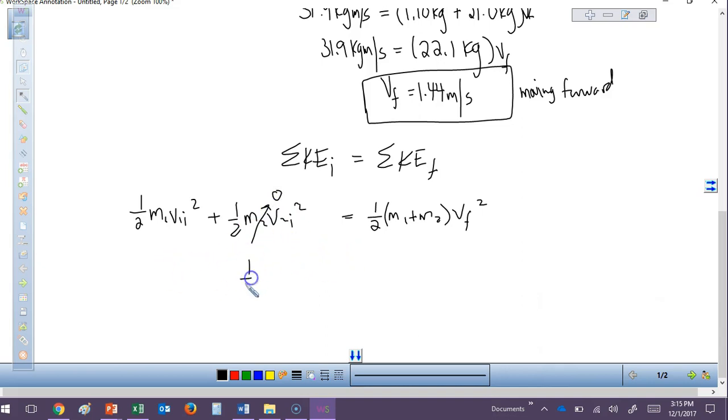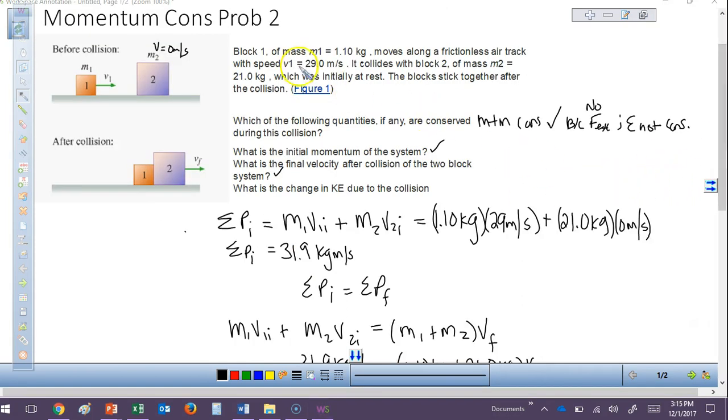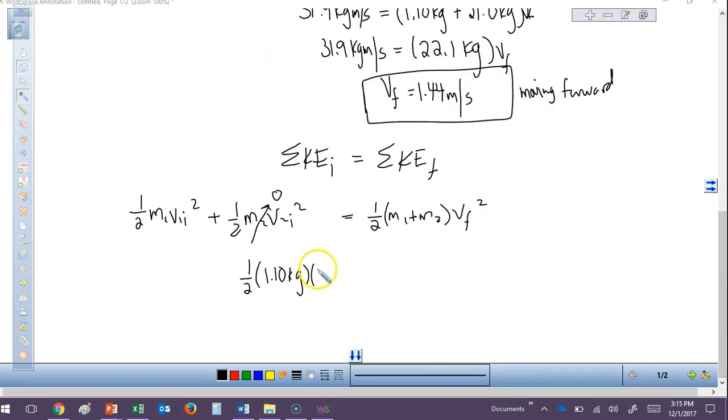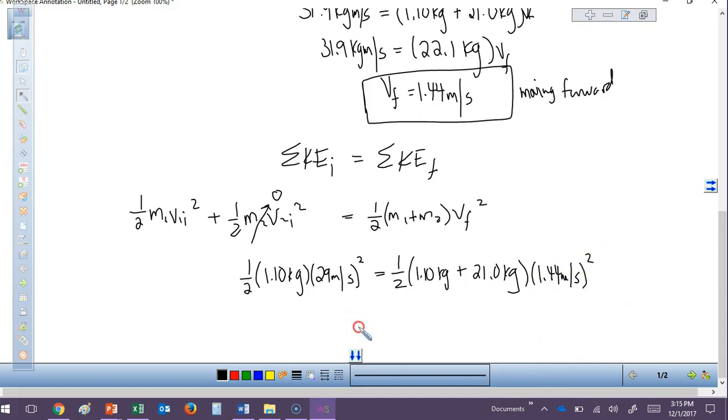So then we can go down to this. 1/2 mass of the first object, 1.10, times its velocity, which was, I don't remember the velocity, it was large, 29 meters per second, is equal to 1/2 times m1, which is 1.10, plus m2, 21.0, times the final velocity, 1.44 meters per second, squared.